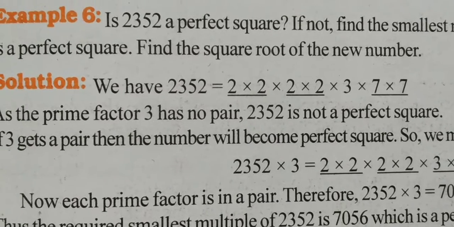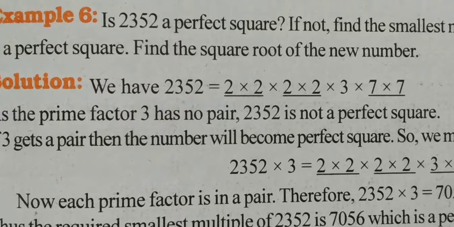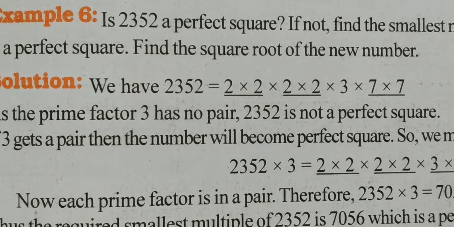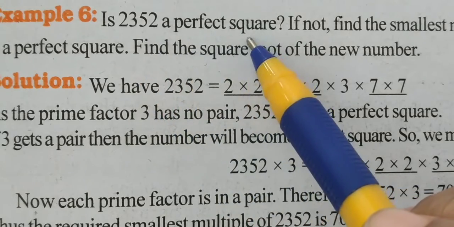Looking at the question, you may feel that it is such a big question. What all things do we have to do? It will be a big question mark. Very simple it is. The first part of the question is whether the given number is a perfect square or not. You break the question and you will find the first part is: is 2352 a perfect square?